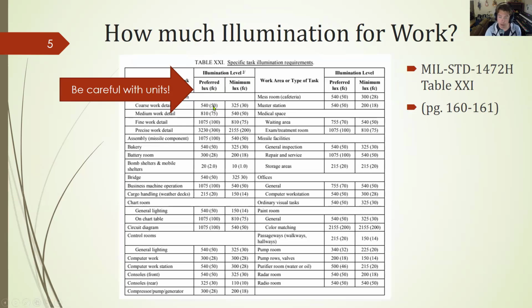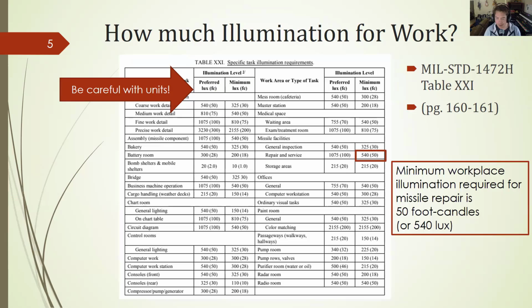So for example, if I asked you, what is the minimum illuminance required to inspect or to repair missiles? It is 50 foot candles. That's this one, or 540 lux. So again, don't overlook that. And sometimes, actually kind of commonly, students do overlook that. So that's why I pointed it out.